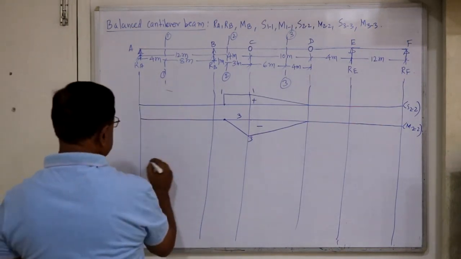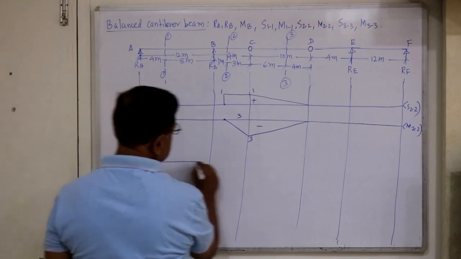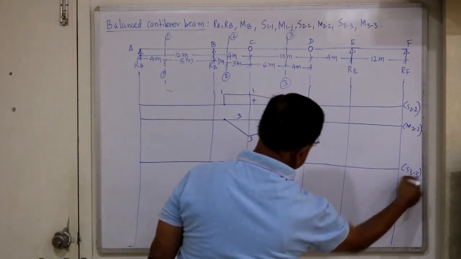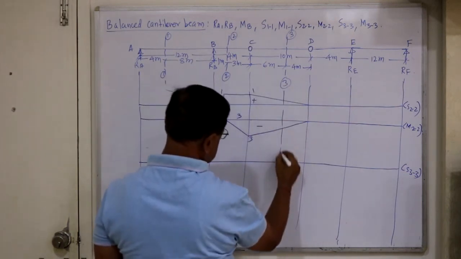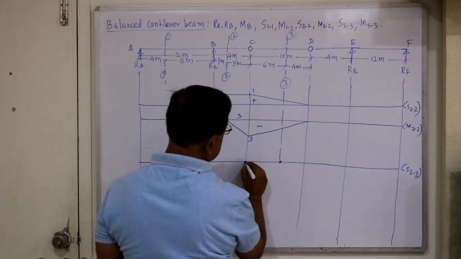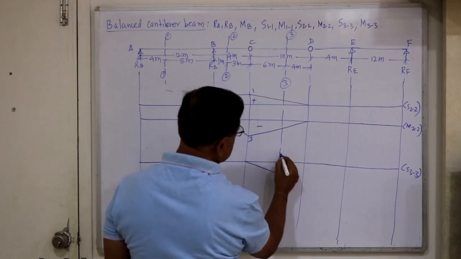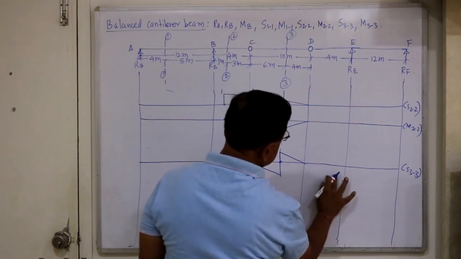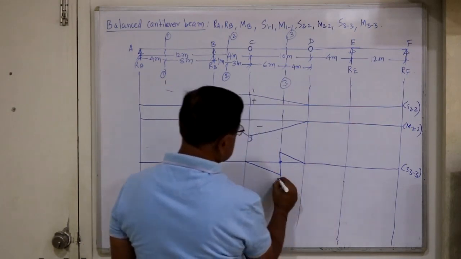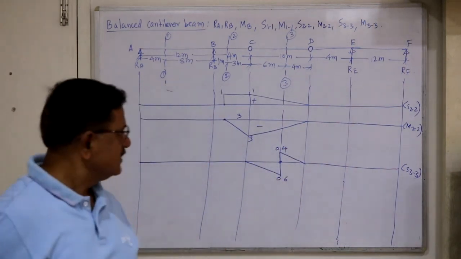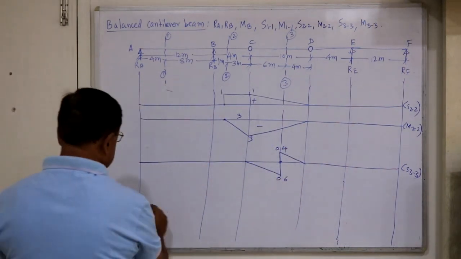The last two ILDs. Say S33, this section is within the simply supported portion. So the ILD will be this much only. This is 0.6, this is 0.4. So this is the ILD for S33, that's all.